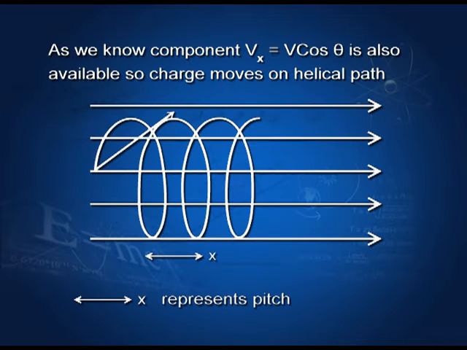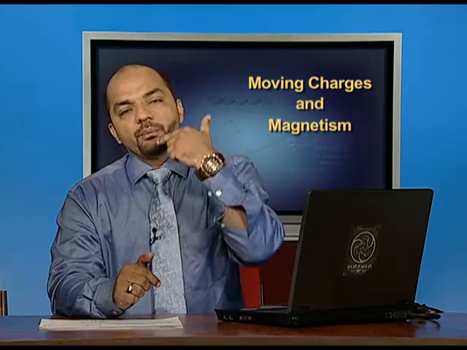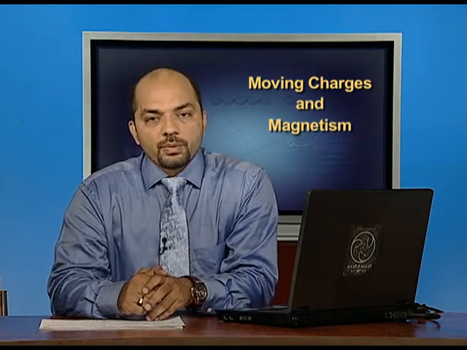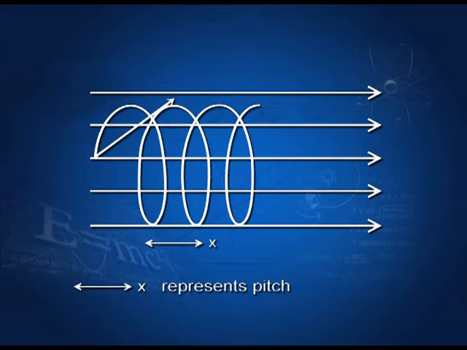As we know, the component Vx equals v cos theta is also available. So, the charge moves in the forward direction under the velocity Vx, and because of the force F, the charge is moving in a circular path. Under the combined action, the charge goes on a helical path. It is clearly represented in the diagram.